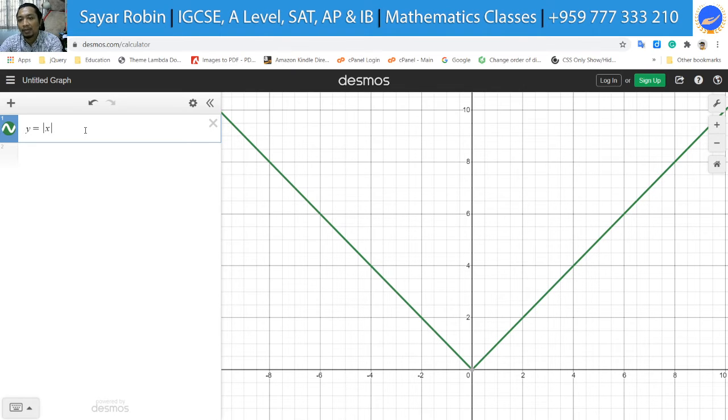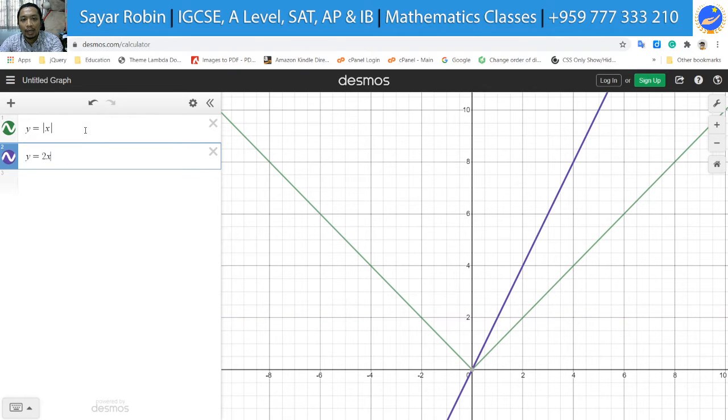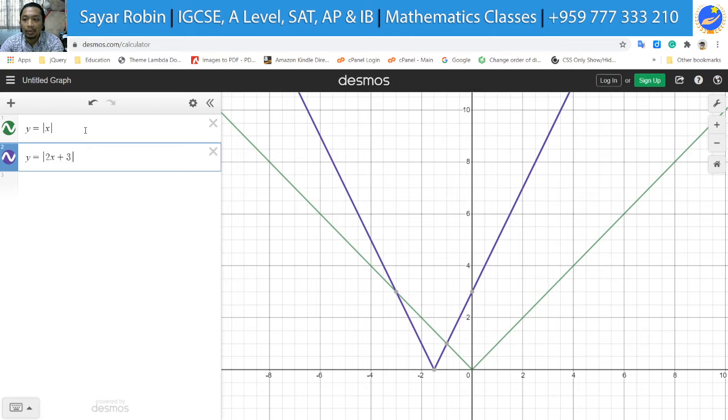This is a simple function, and then y is equal to modulus of 2x plus 3. What do you notice? You see that all of the functions have no graph line below the x-axis, and all of the absolute value functions are symmetric at the point where they meet the x-axis.